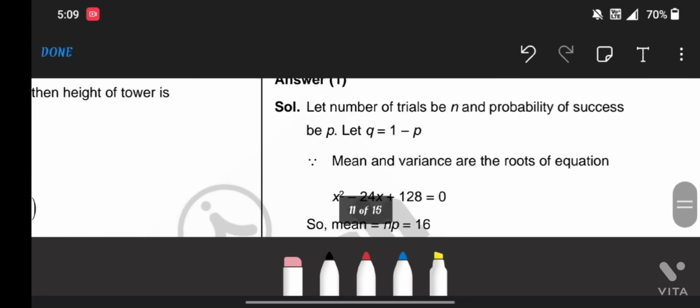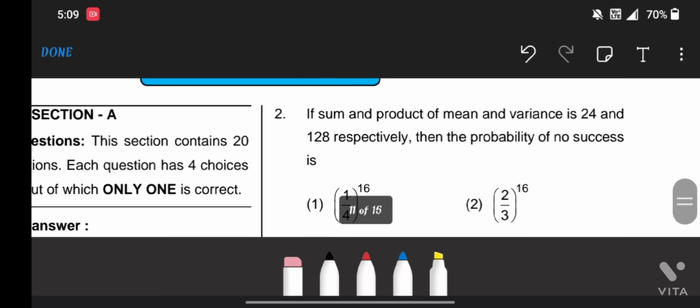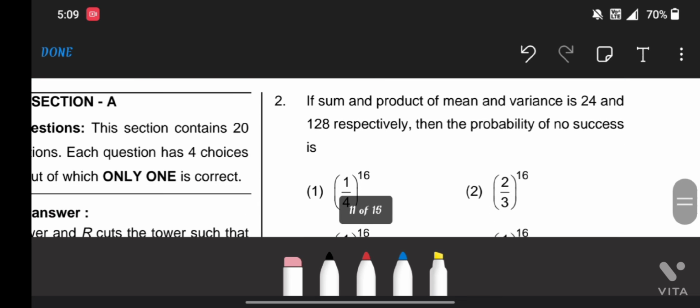Now let the number of trials be n, and probability of success be p. Let q is equal to 1 minus p.